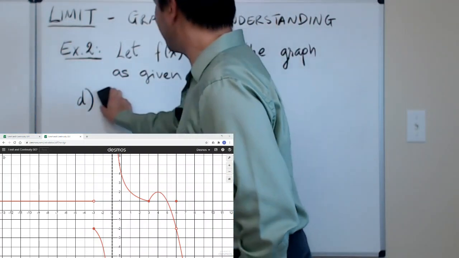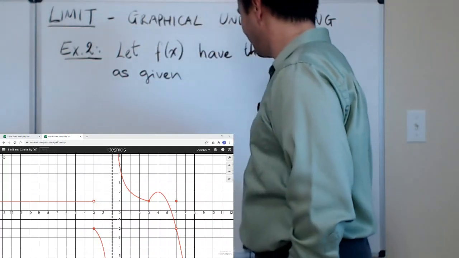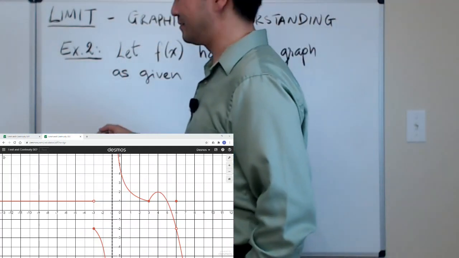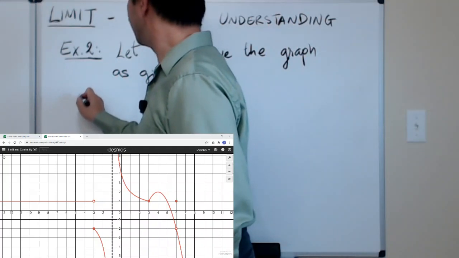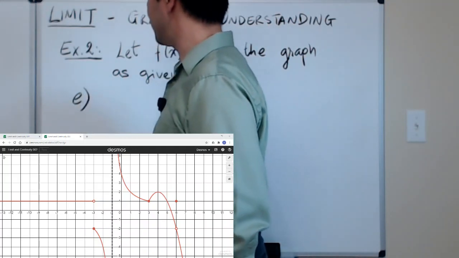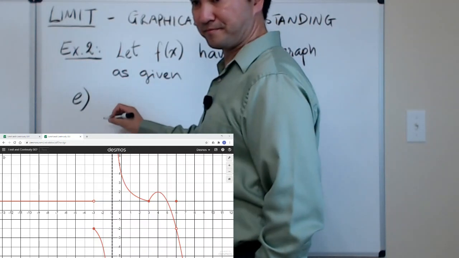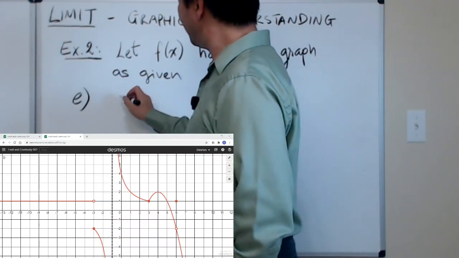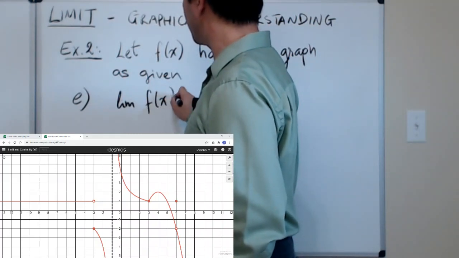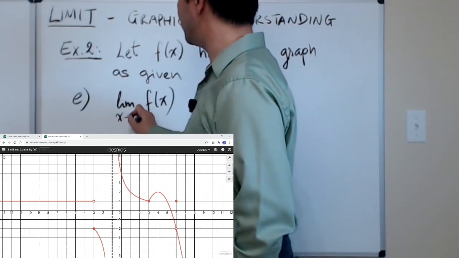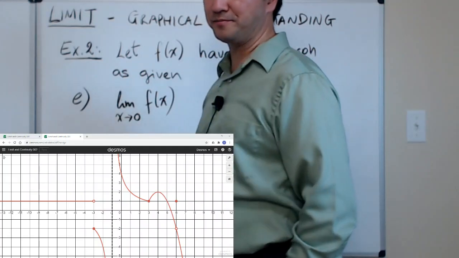And another one. Question E is here. Let's say I want to find the limit of my function as x is getting close to 0.